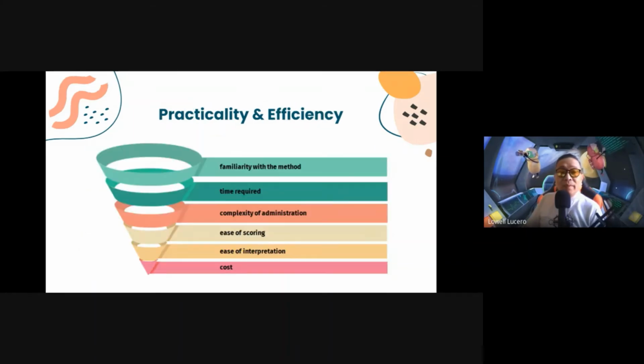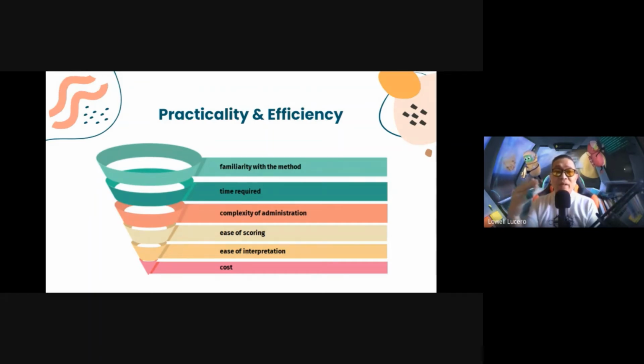Next, we have also discussed practicality and efficiency. Under practicality and efficiency, we have familiarity with the method. It's very important that when you make use of a certain assessment method, you make sure you are familiar with it. Do not introduce methods that you are not familiar with, because it will be difficult for you to evaluate your students.